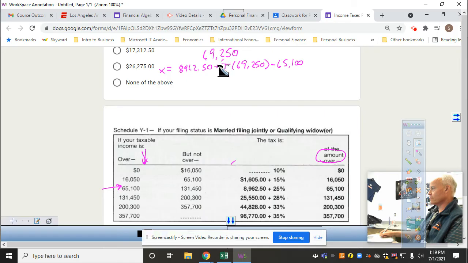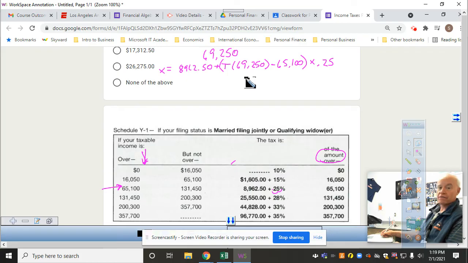I'm going to put parentheses around that, times my percentage for that tax bracket, which is 25%. Remember, move the decimal place over 2 spots to get 0.25.